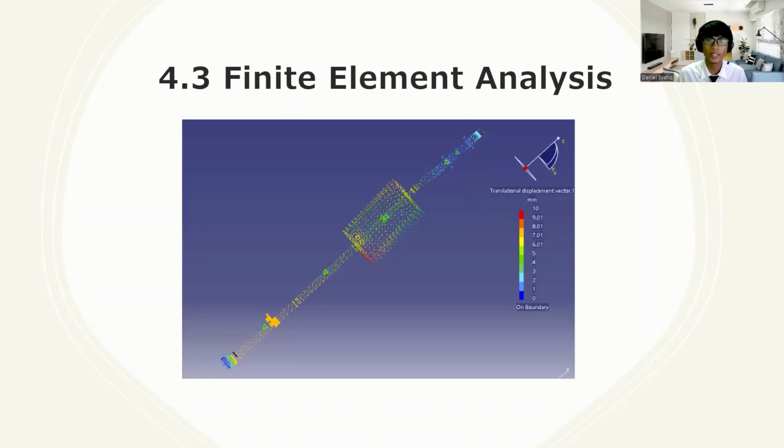So for the finite element analysis, the material of the product was aluminium, and after I applied the stress at the handle and the end of the stick, the analysis shows that it's safe to use and the material chosen is suitable for this product.